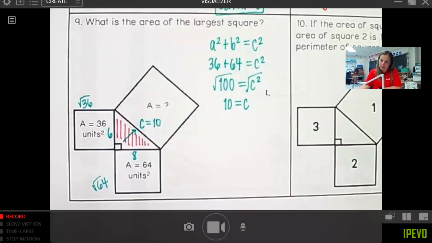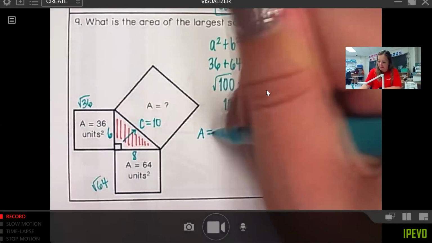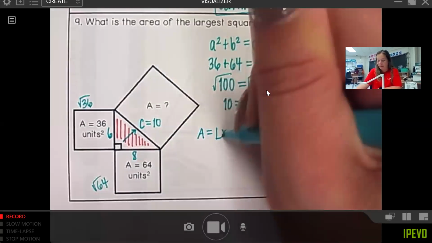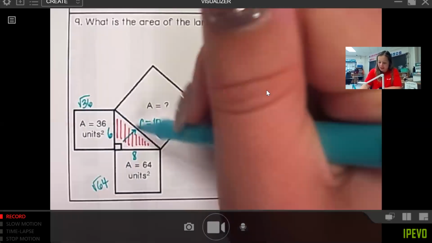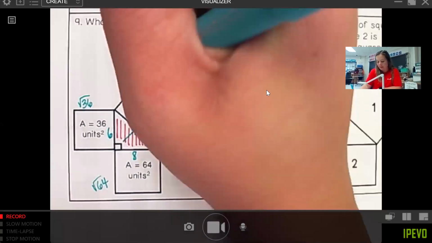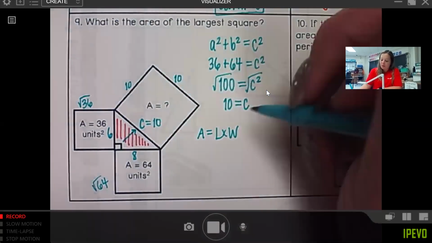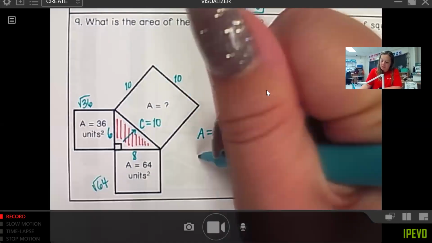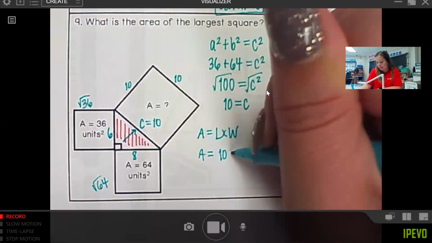Okay. We know that area is length times width. We've known that for forever. So a square, all sides are equal. So if this side is 10, then this side of the square is 10, this side of the square is 10, all of the sides are 10. So in order to find length times width, I would take one side length times the other.